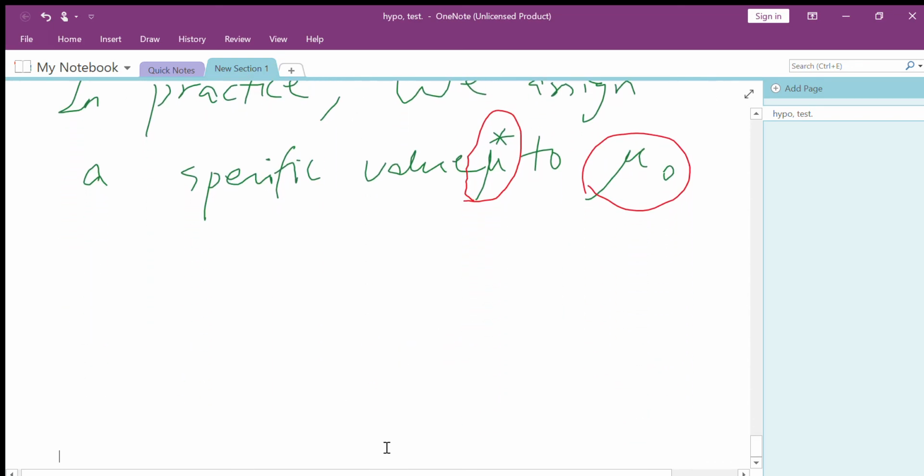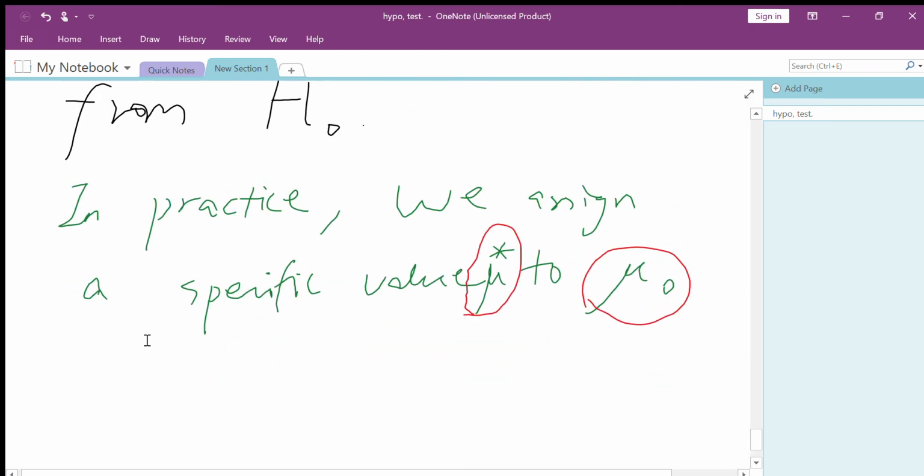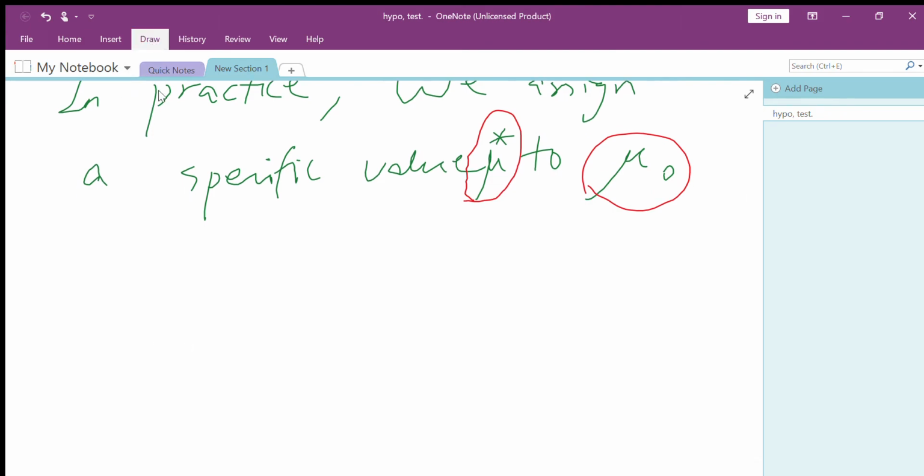So what is the definition of 1 minus beta? Beta, remember, is the type 2 error rate.